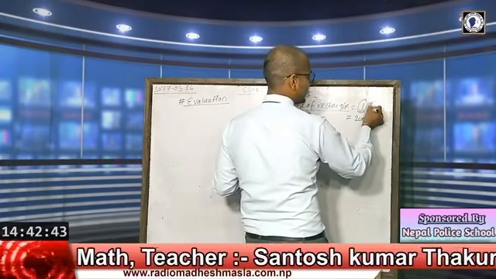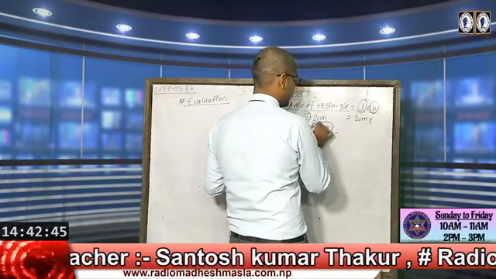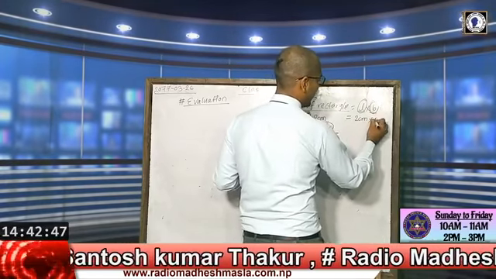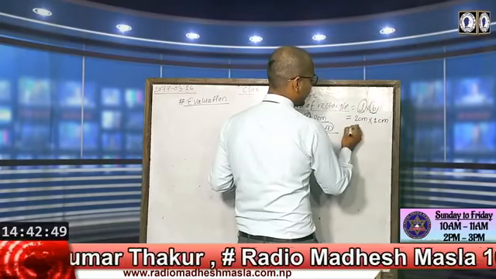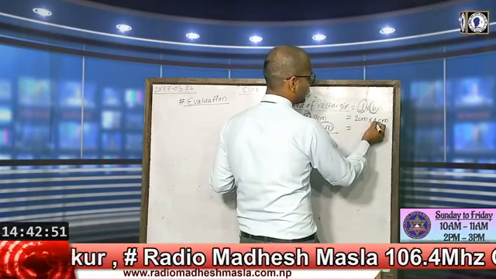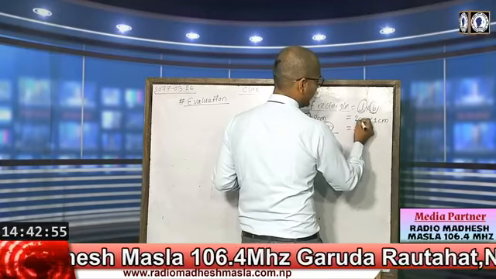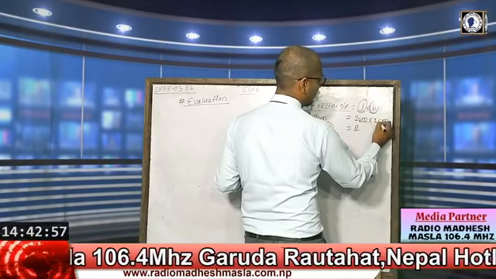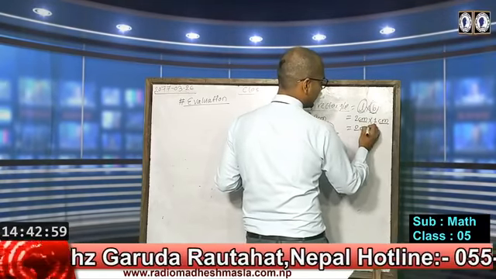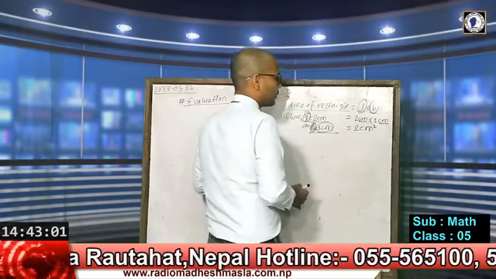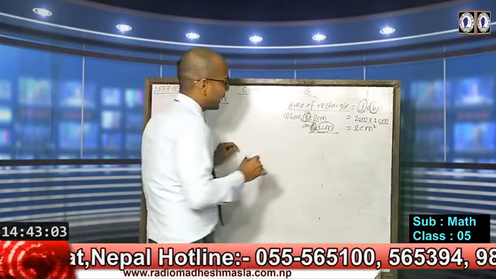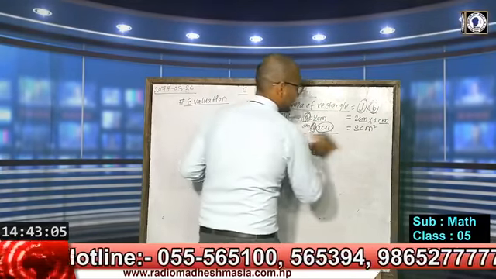Then at the place of B we write 1 centimeter. After multiplying, 2 into 1 is 2, and centimeter multiplied by centimeter means centimeter square. We have another example too, and we will discuss it.